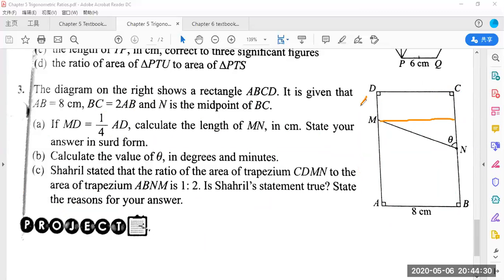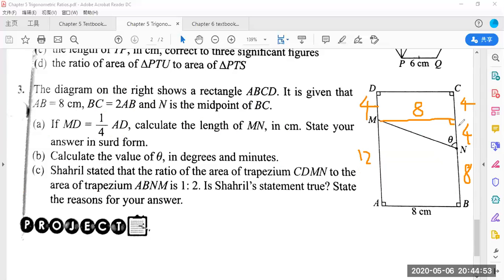Just now you know this one is 4, so the whole thing is 16. So this one is 12. So this one is 8 and then 8. So this one half, right? So 4, 4. So this one is 8, 90 degree.